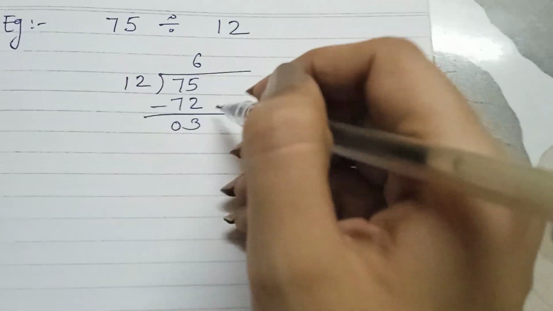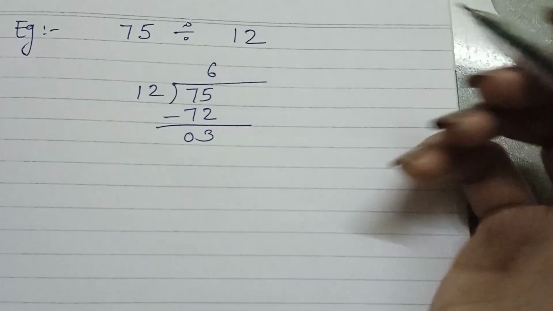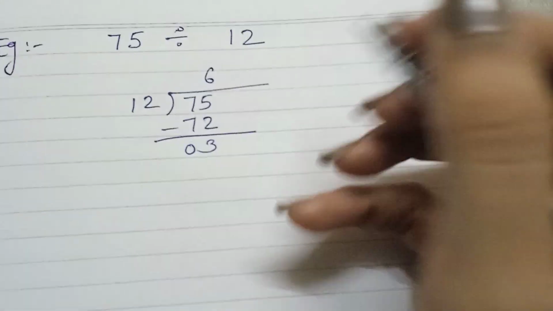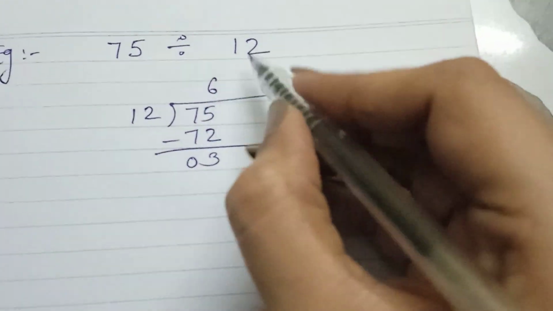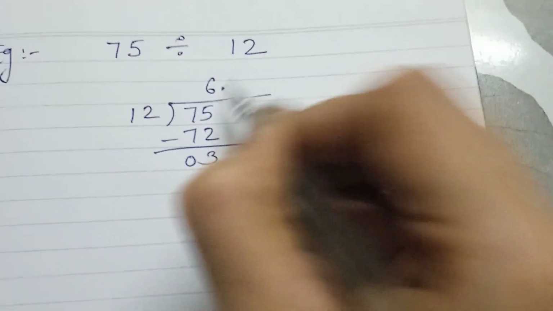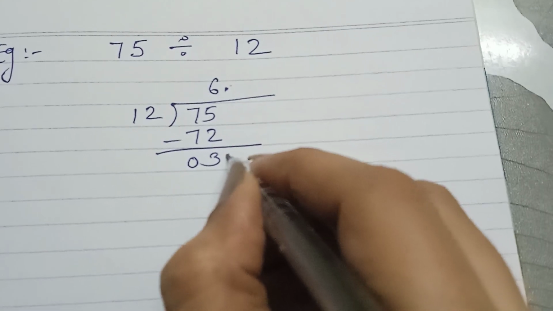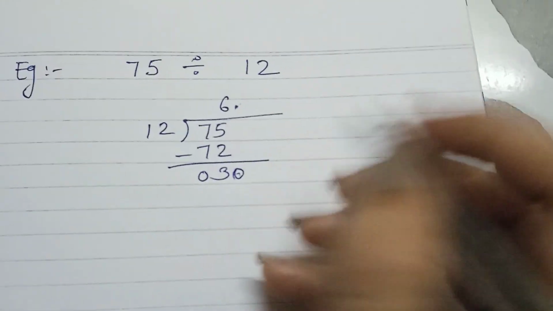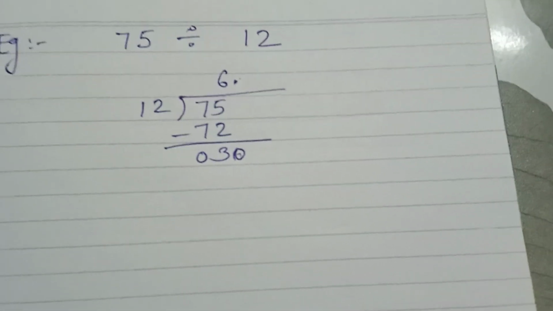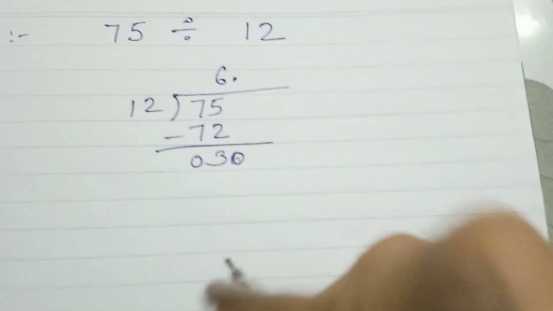The remainder is 3. Now is there any number to bring down? No, there are no such numbers. So what we will do is give a decimal in the quotient, and we can take as many zeros after that as we want. The logic behind this is that 75 we can assume as 75.00000.